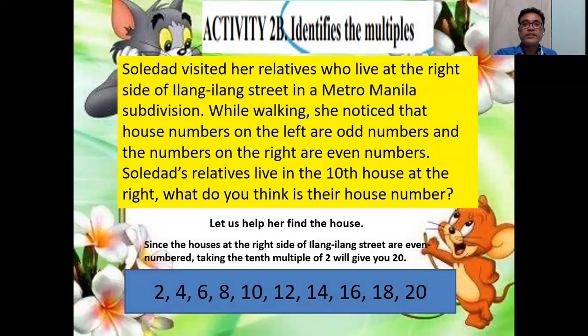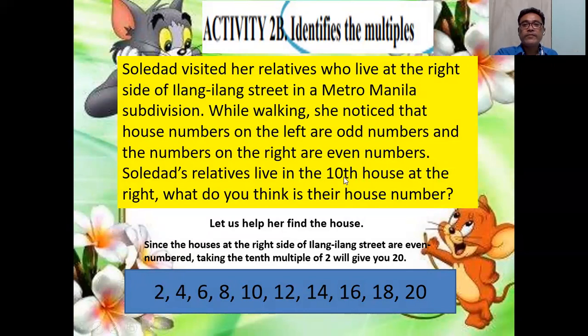Let's proceed to Activity 2B. Identify the multiples. Let us read the problem. Soledad visited her relatives who live at the right side of Ilang-Ilang Street in a Metro Manila subdivision.